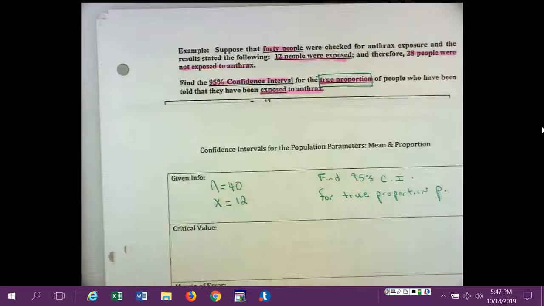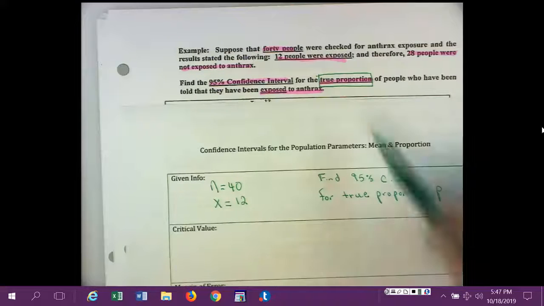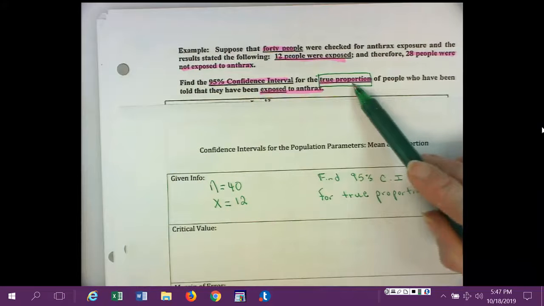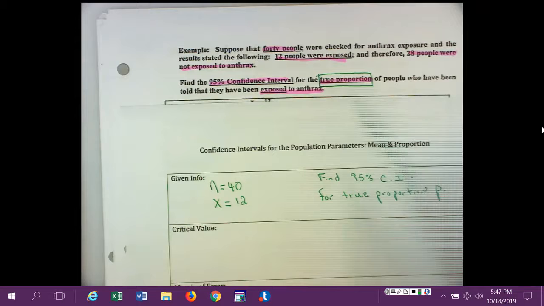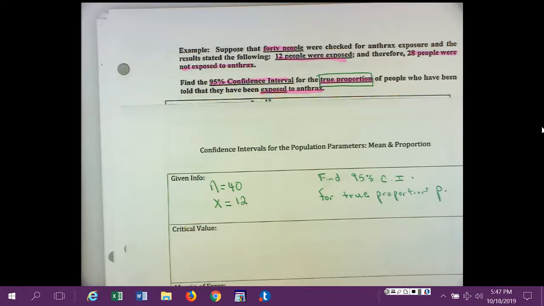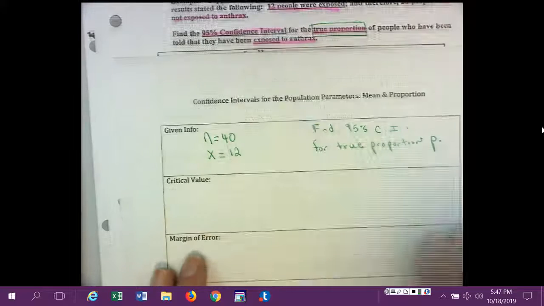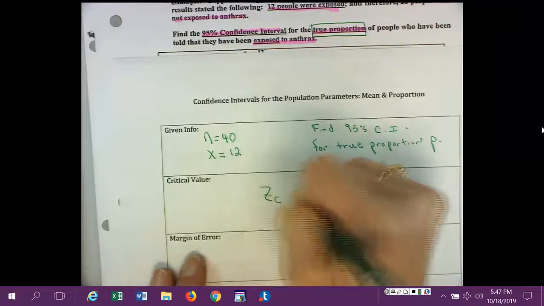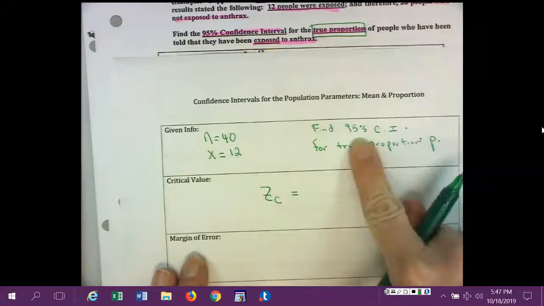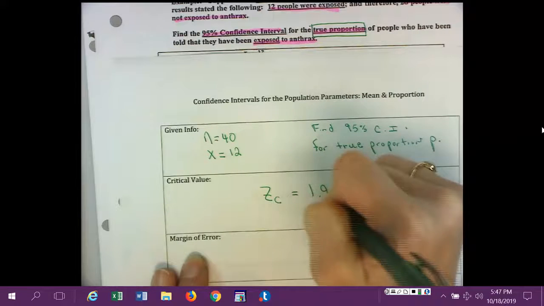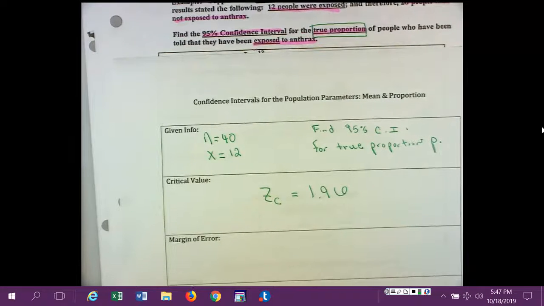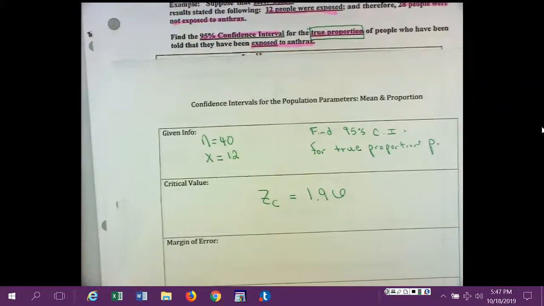It does not say true mean, but true proportion, who have been told that they have been exposed. So this is about those people exposed. Now, since this is a type of Z interval, and we want to be 95% confident, we've memorized that that is a Z-score or critical value of 1.96.